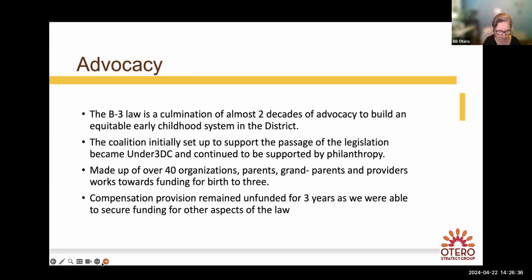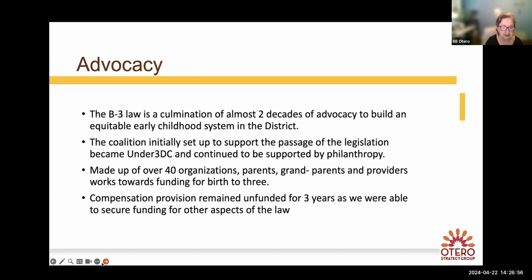As all of you know, and you noted with all of the people that you have participating in the work that you're doing, none of this works without a really robust advocacy. First of all, the birth to 3 law came up after 2 decades of advocacy work to build an equitable early childhood system in the District of Columbia.